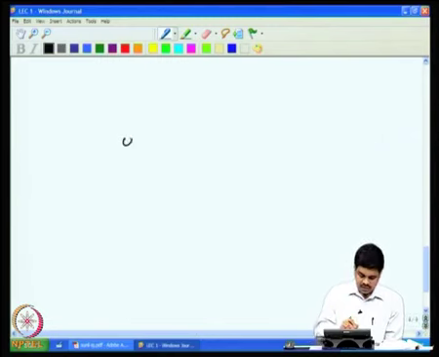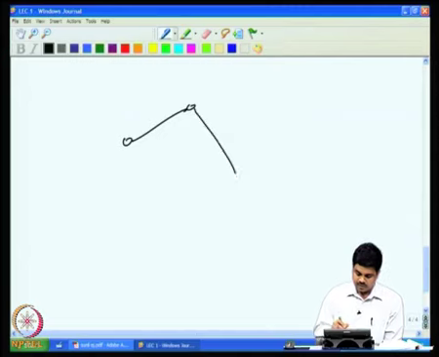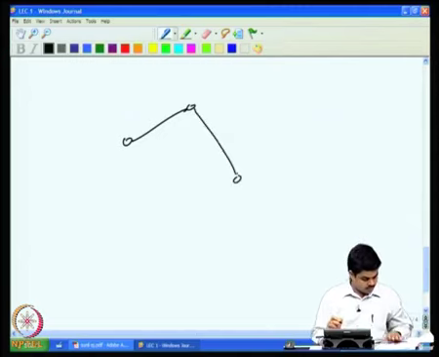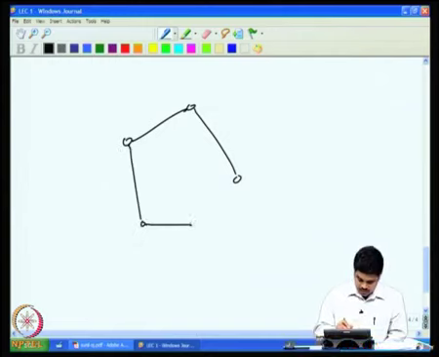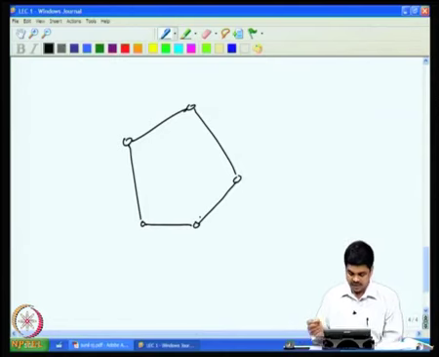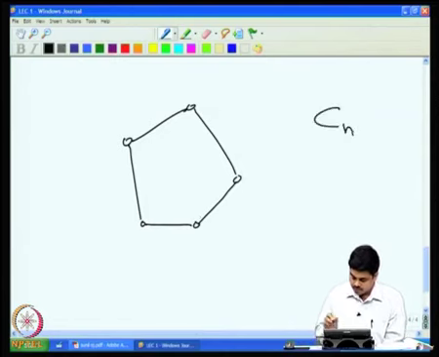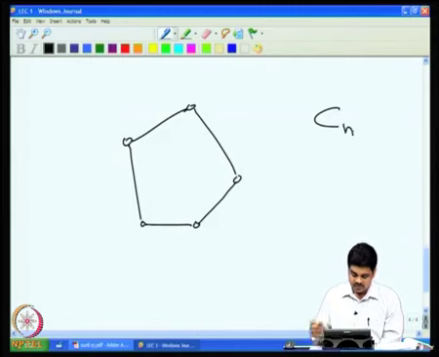So, let us consider this simple example. This is called a cycle graph, the cycle on n vertices, Cn.